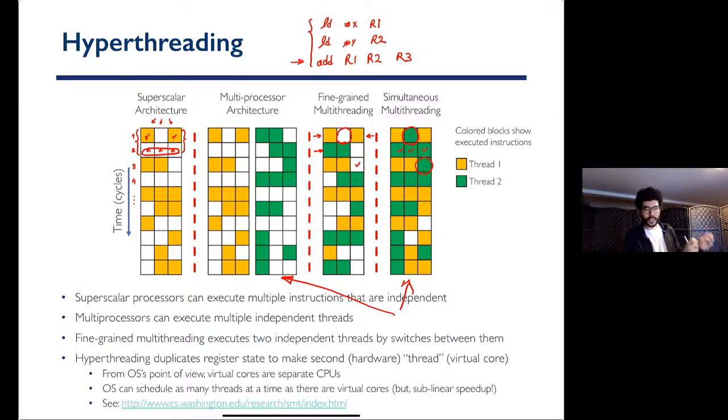Comparing, for instance, 2 physical cores to 2 virtual cores, 2 physical cores give you the highest performance, but the downside is utilization. 2 virtual cores give you higher utilization. The downside is performance. So you're paying performance for utilization, or you're paying utilization for performance.